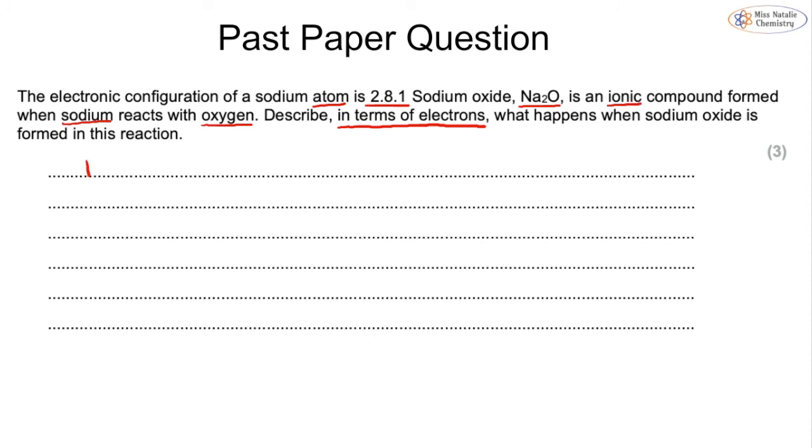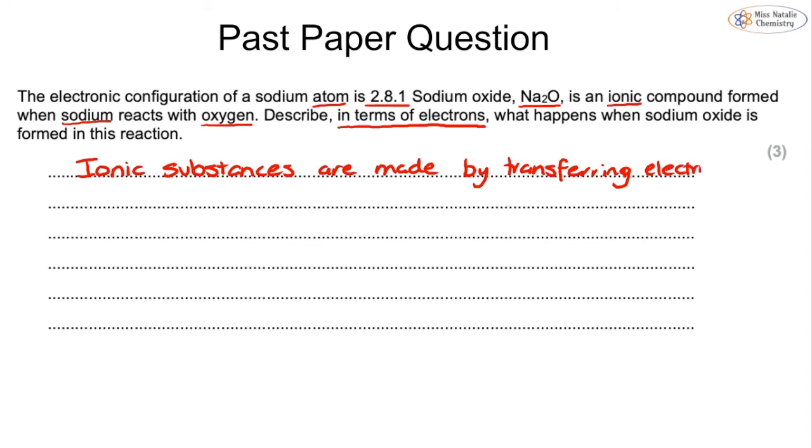So ionic substances are made by transferring electrons. And we are transferring the electrons from the sodium to the oxygen.